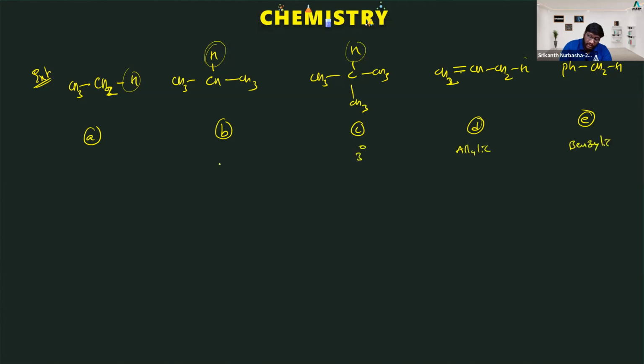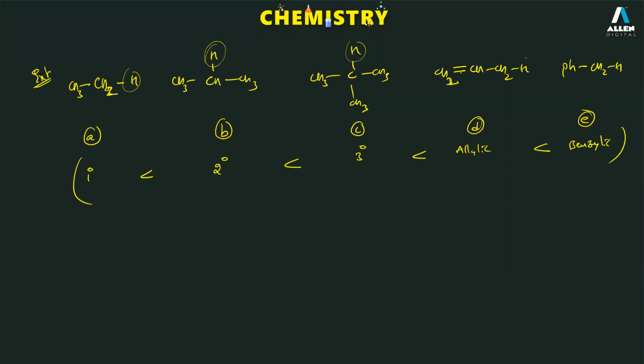So 1-degree free radical, less than 2-degree, less than 3-degree, less than allylic, less than benzylic. This is the increasing rate of reaction towards X2 in the presence of hv. Yes or no? Is that clear? Yes, sir. Right, very good.